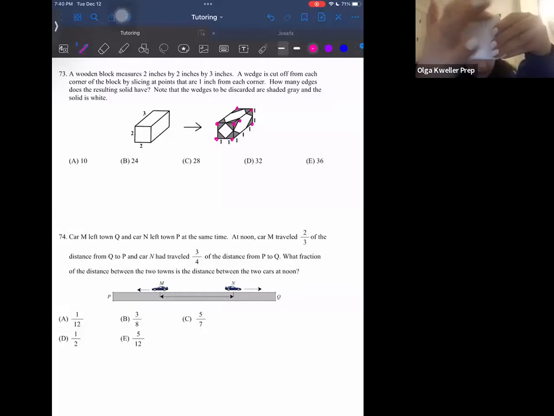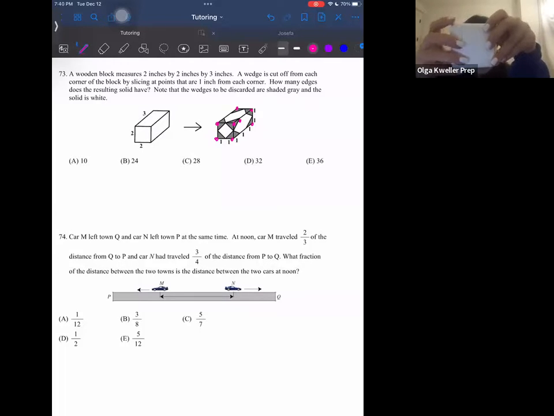So these long sides are called edges, right? Where my finger is pointing. All the corners, these are called vertices. So we have 1, 2, 3, 4 vertices on this side. And if I flip it over, we have an equal 4 vertices on this side. So any rectangular prism will always have 8 vertices.